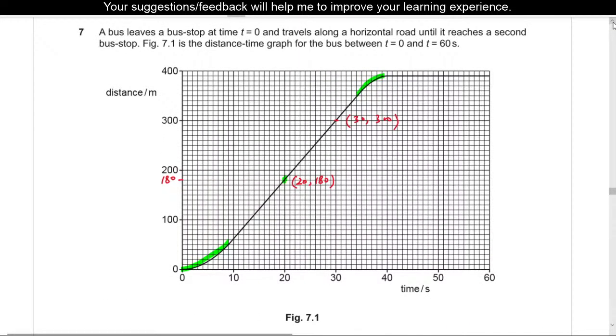The train leaves the station at time 0 seconds. This is the point at which the train leaves the station, and the train arrives at the station at this point. It is between 39 to 40 seconds, or you can say around 40 seconds. At 40 seconds it arrives.